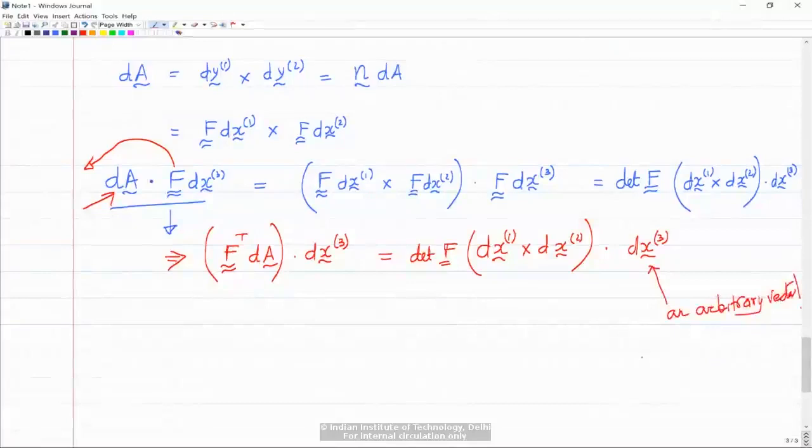So basically, if you have an identity A dot B equal to C dot B, and it holds for all B, not for a particular B, then you can show that A is equal to C, isn't it?